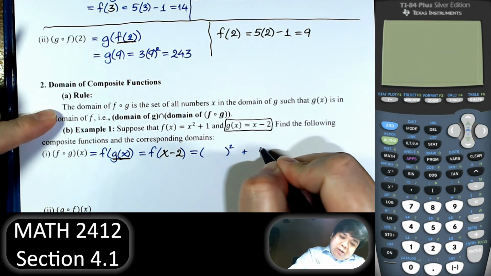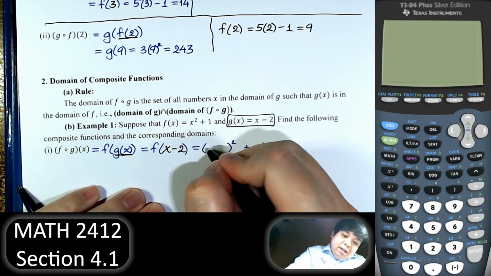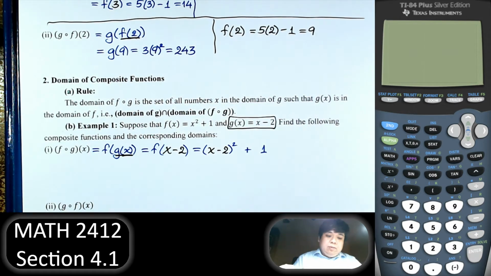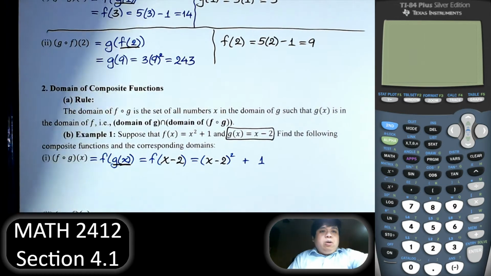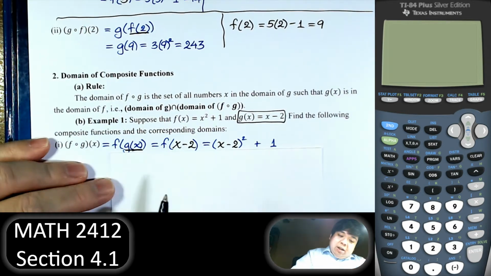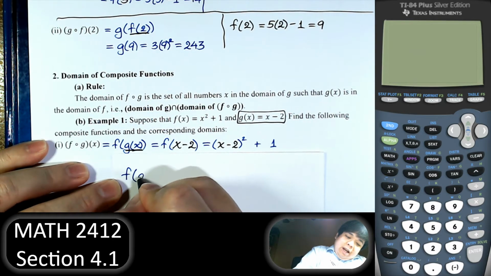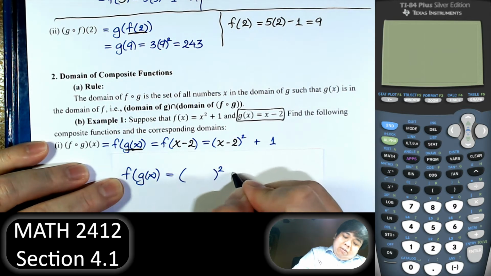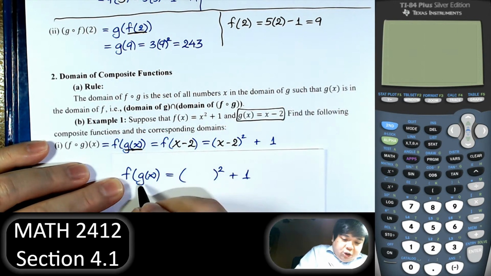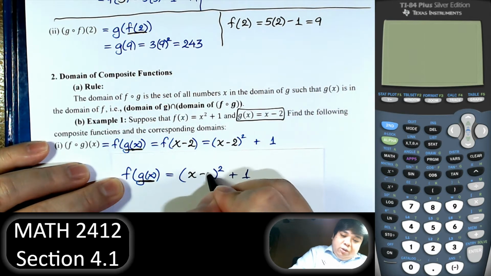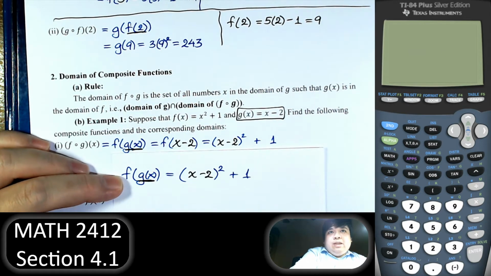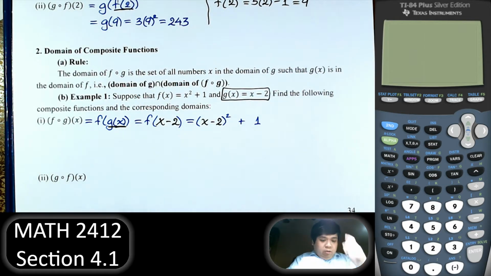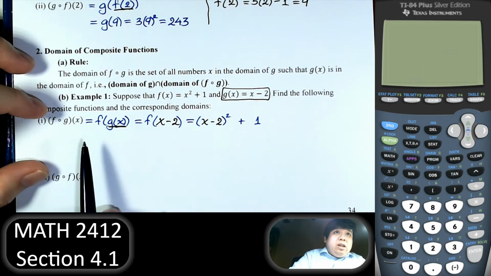So this is the function, and instead of x here, we're going to have x minus 2. Or we can say f of g of x: the function f is something squared plus 1, and now instead of g of x, we're going to have x minus 2. Yeah, so either way, we just have that. Like I said, of course, we can multiply now and simplify. We don't need to do that. We just need to write the domain.